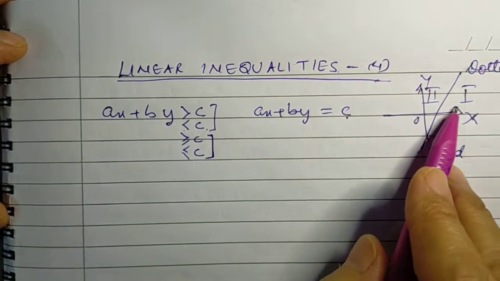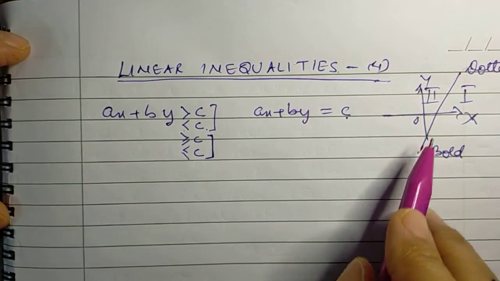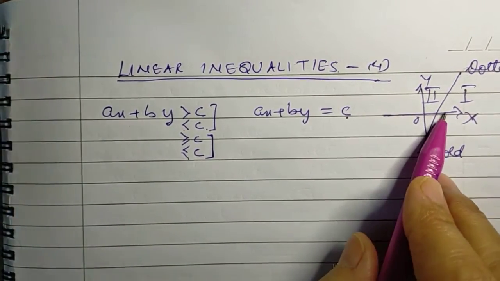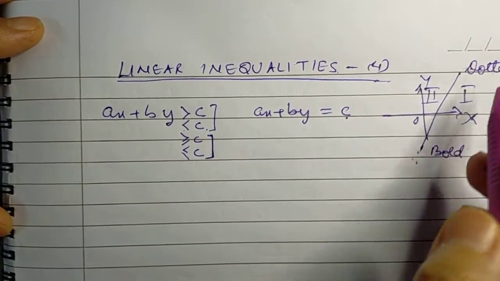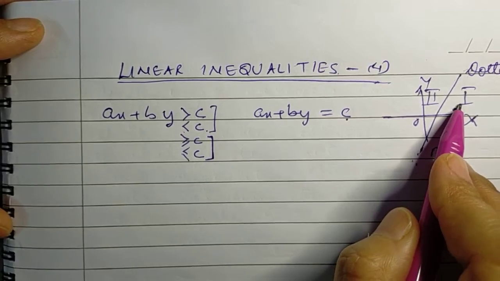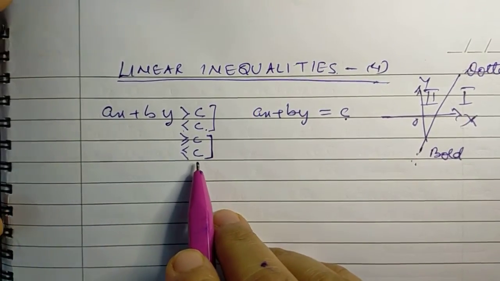The second thing is that once this line is drawn, either with a bold line or with a dotted line, it divides the xy plane into two parts, and each part will be a solution to one of the inequalities.